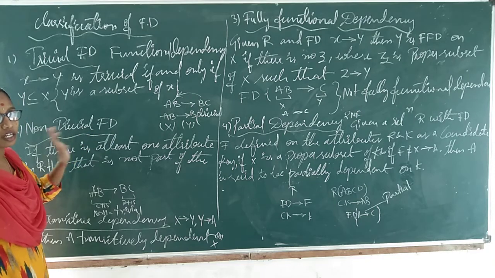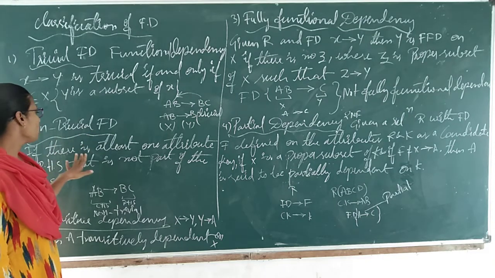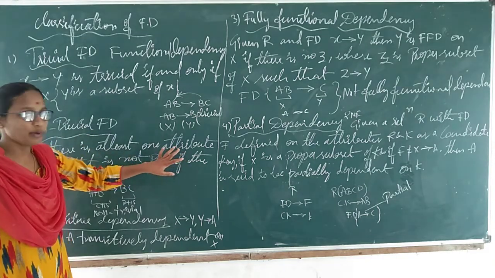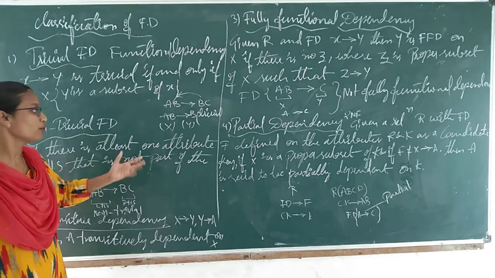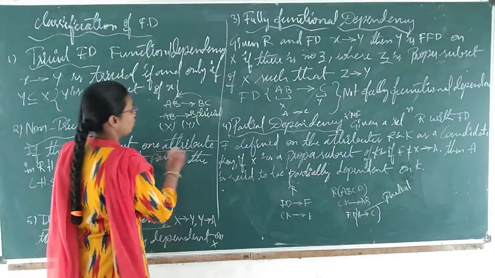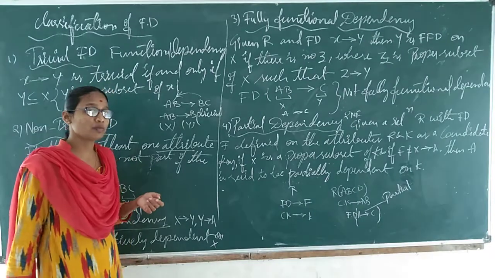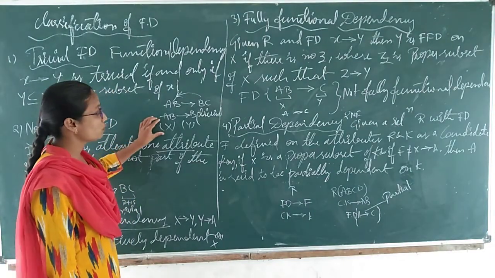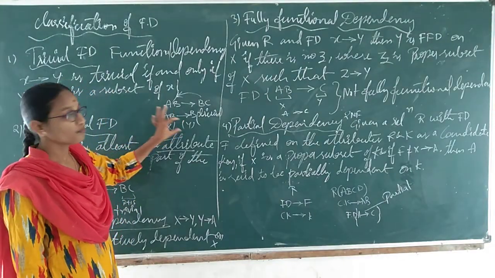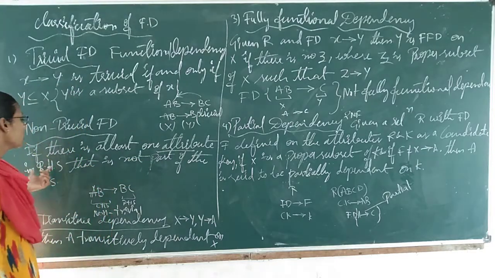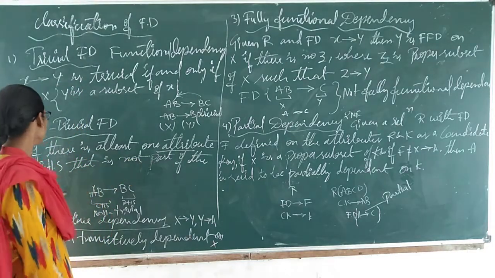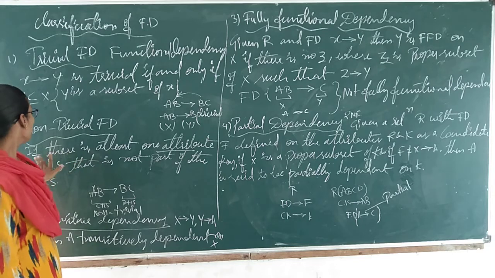Next one is non-trivial functional dependency. If there is at least one attribute in the RHS that is not part of the LHS, here X is one attribute and Y is one attribute. Here, AB determines BC.